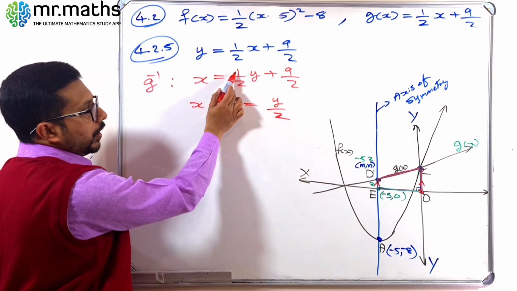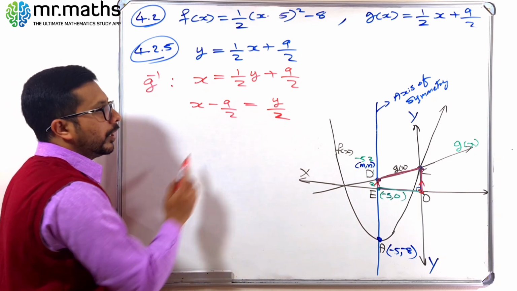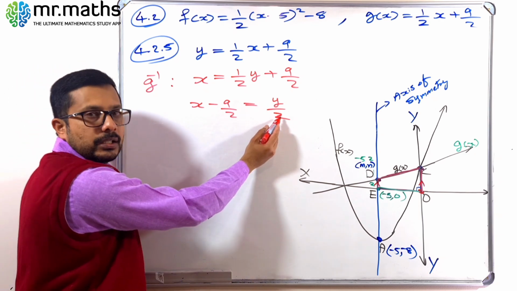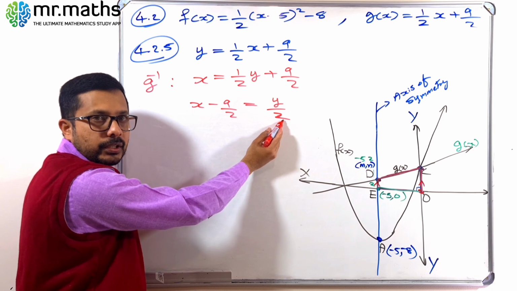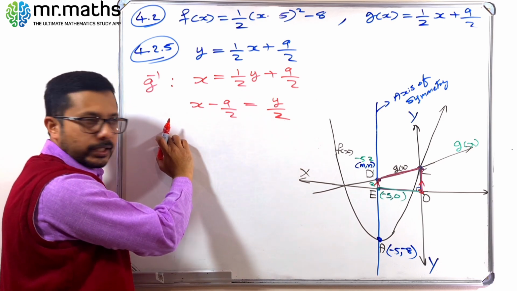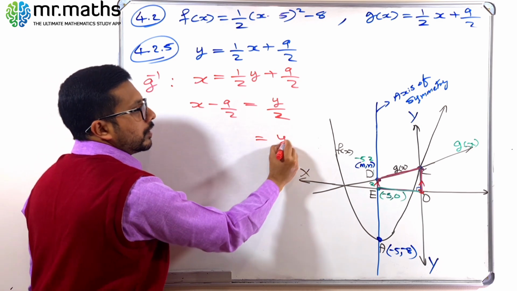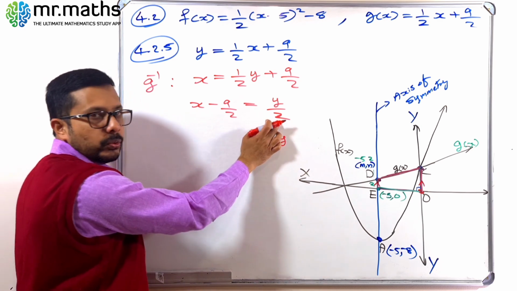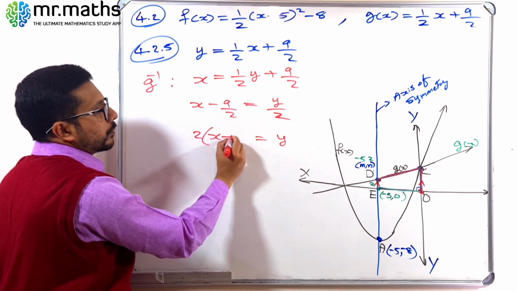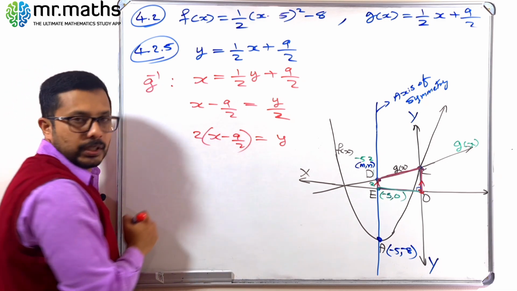Now if I want to find y, on the right side it is division, so taking the 2 to this side makes it multiplication. So y is equal to 2 times (x minus 9 over 2).